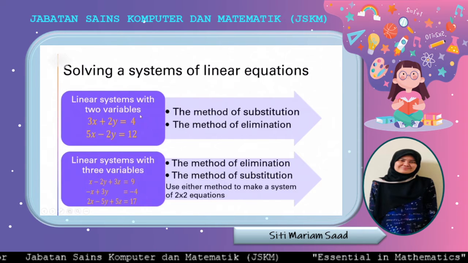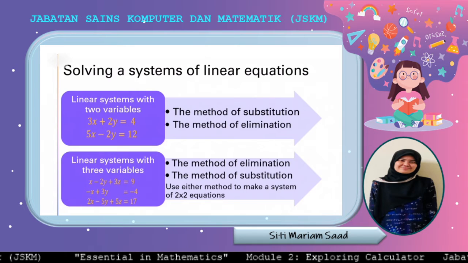We will solve two types of linear systems: first with two variables, and the second with three variables. There are two methods we can use to solve linear systems with two variables. The first is the substitution method, and the second is the elimination method.